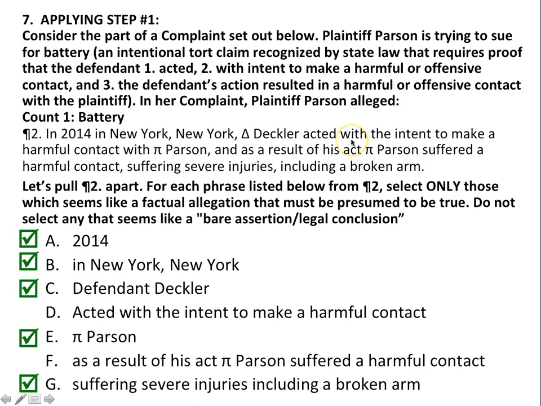There are no concrete facts to either back up the fact that he acted with an intent or to even back up what the contact was. The plaintiff instead has simply taken the legal requirements and reasserted them. And this is a classic illustration of how you fail the plausibility test.